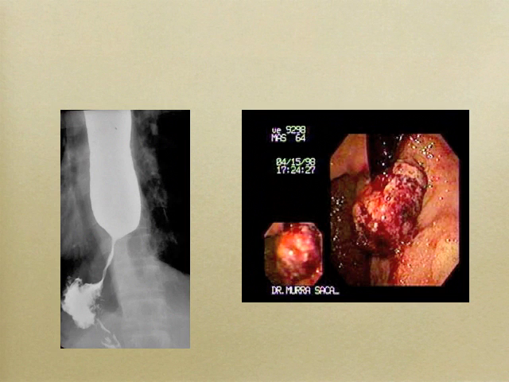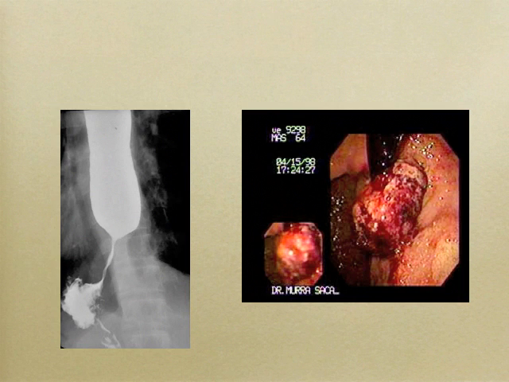That is the theory. There are some who believe that although the LES is failing to relax, it does relax intermittently and cause acid reflux up, and that's how you get heartburn. But regardless, that heartburn and that dysphagia to solids and liquids happens in Chagas disease too. So how would you distinguish this from the idiopathic type?